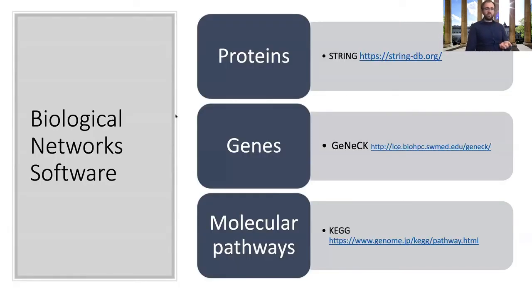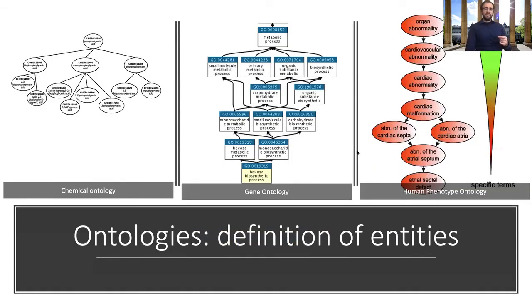Here are just some examples of software. These are actually just resources rather than software, but you can run some bioinformatics tools online through these websites. And then, nearly finished with my different bioinformatics domains, but this is the last one, and this is about ontologies. I thought I'd mention it because it's quite relevant to my research and to my startup, Phenopolis, in particular the human phenotype ontology.